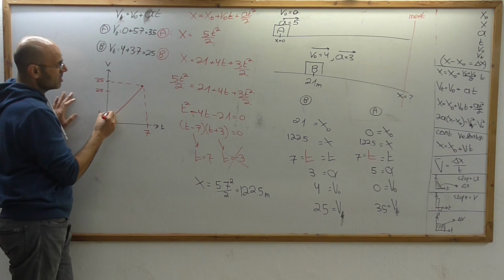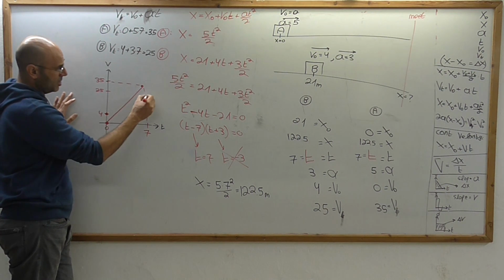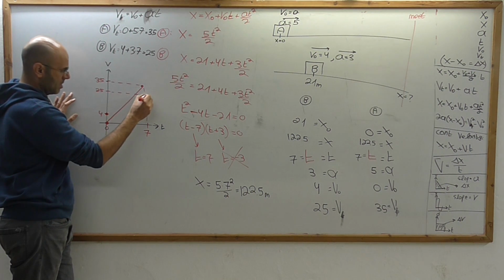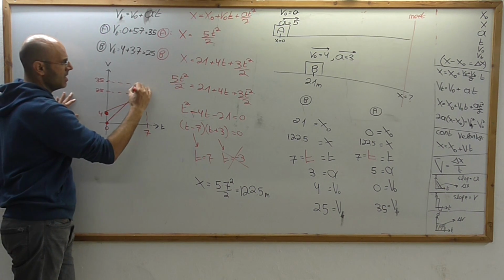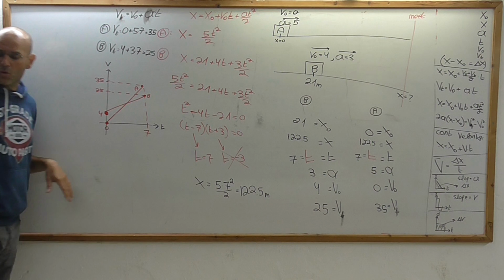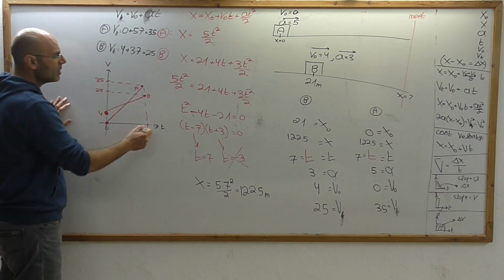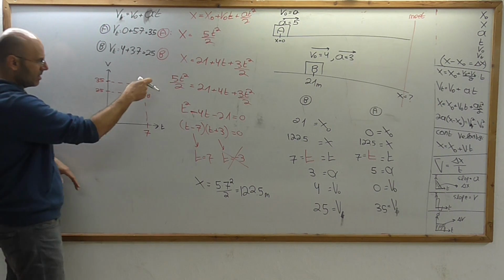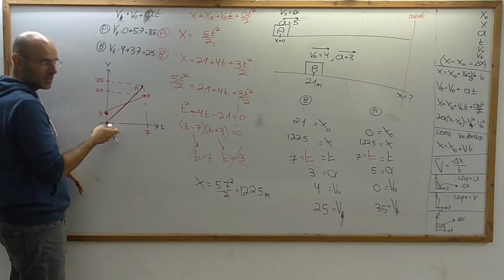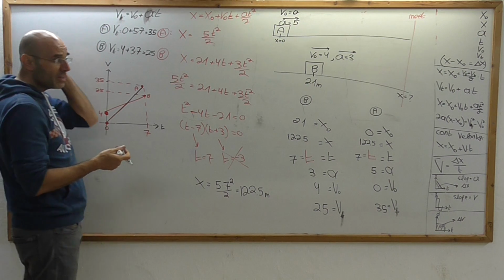The other vehicle started with 4 and finished with 25. So this will be the graph. This is A, this is B. Let's see if it's okay. If I calculate the slope of A, the black, I get 35 divided by 7, which is 5.